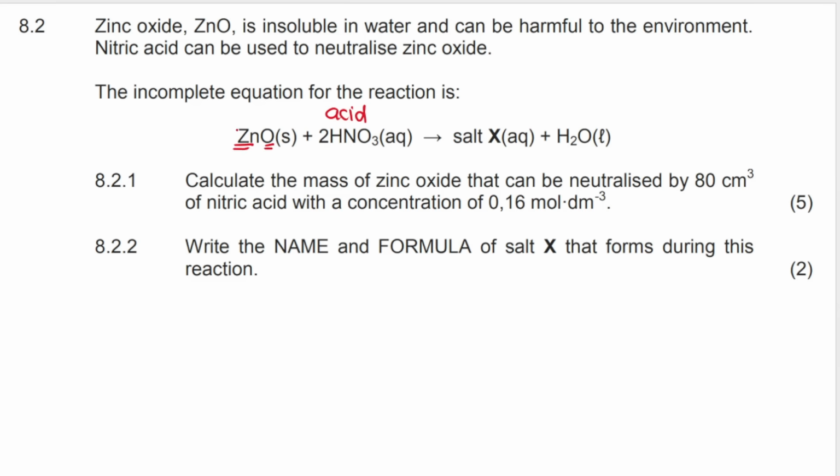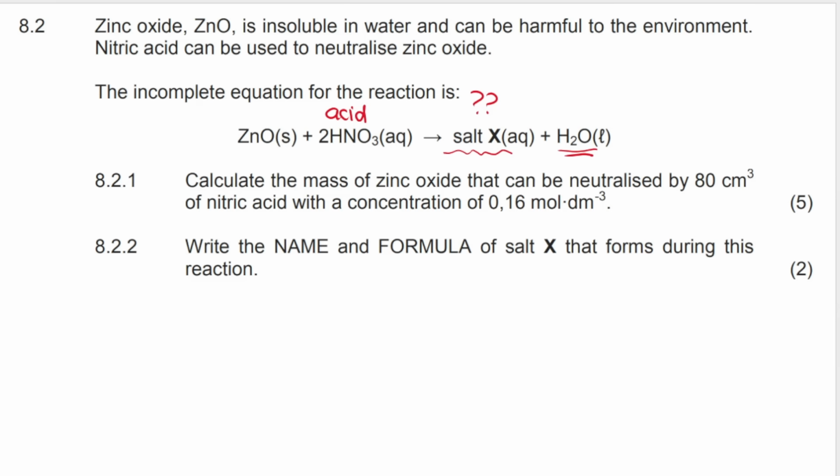Remember, when it's an acid reacting with a metal oxide, your products are going to be a salt, which we need to figure out what the salt is called, plus water. Remember, CO2 is only a product if your acid reacts with a metal carbonate, but this is not a carbonate, that's an oxide. Okay, just a reminder.